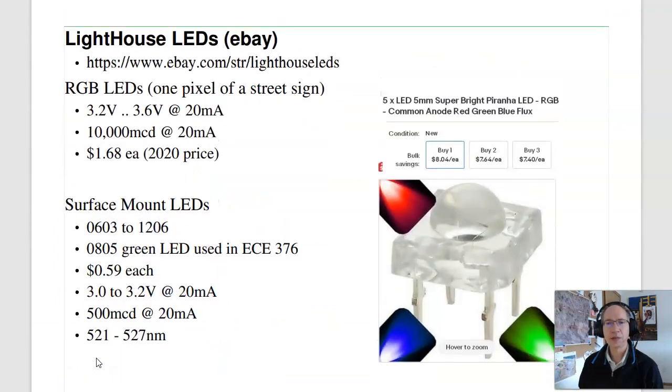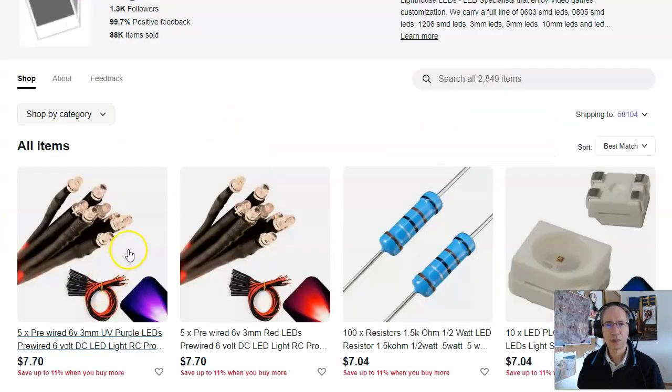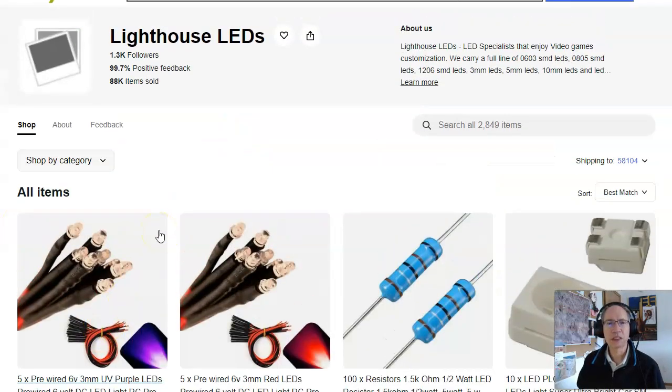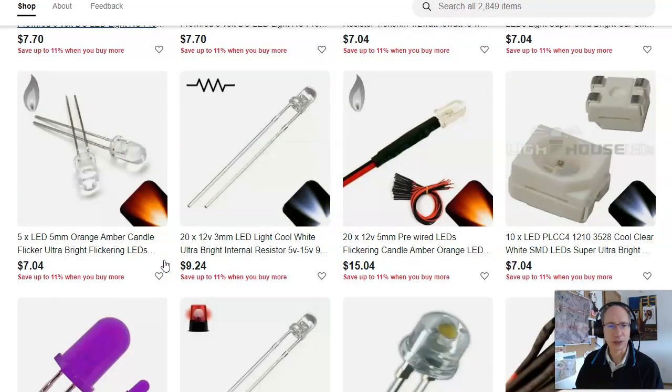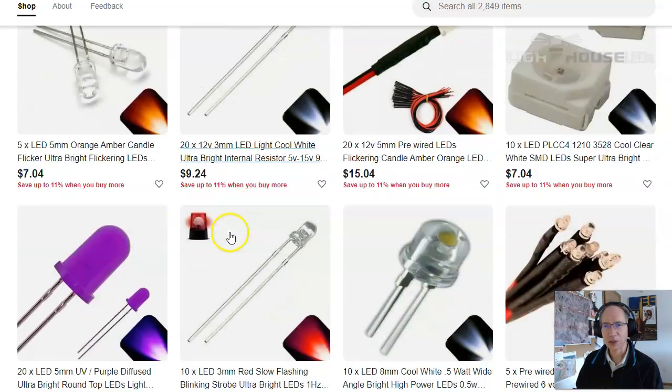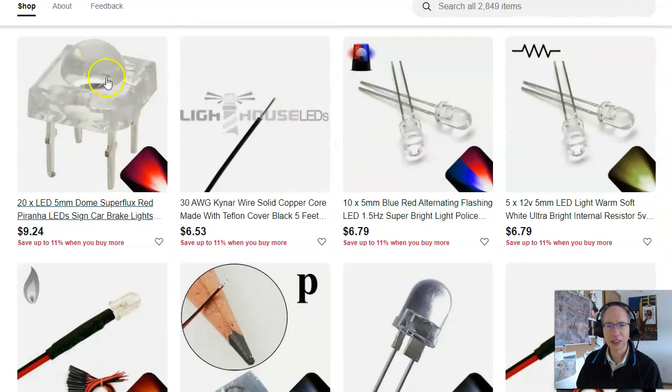Now, if you go on eBay to a place like Lighthouse LED, what I found is eBay is the place that you get the most current LEDs that are out there. So you can get colored LEDs, RGB LEDs, high power LEDs. These are the Piranha LEDs. Those are like the scoreboards.